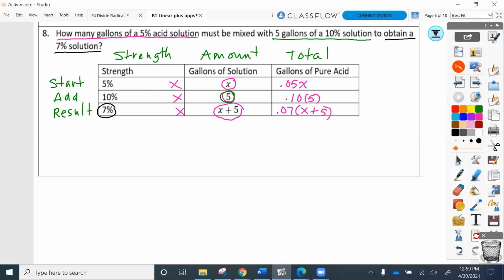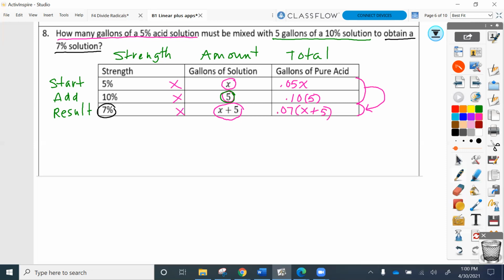Well, what we know is that these two must be equal to the final solution, right? Because you have a certain amount of 5% acid, a certain amount of 10% acid, but the amount times how much you have must equal the final result, right? Because you're adding two things together and having the final result.